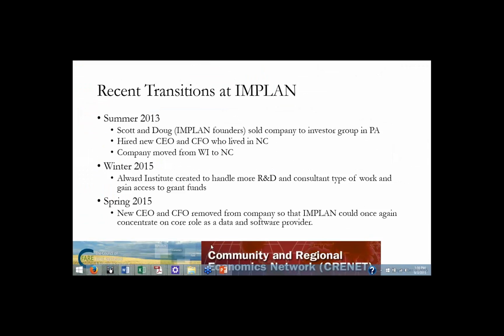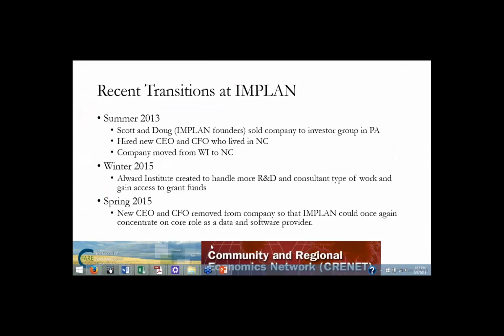As a nonprofit institute, this gives them access to grant funds, and it also gives them the freedom to take more time and do research and development that doesn't necessarily always produce a commercial product. Whereas IMPLAN as a company needed to maintain its revenue streams, so it was challenging for such a small company to have its own R&D department.